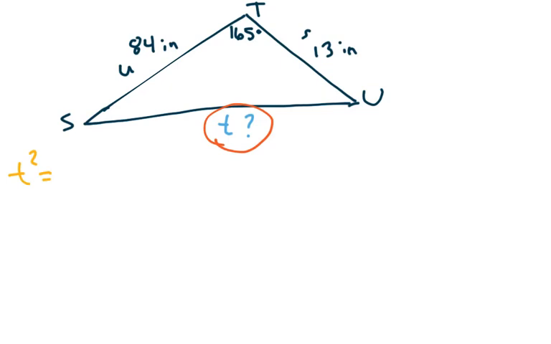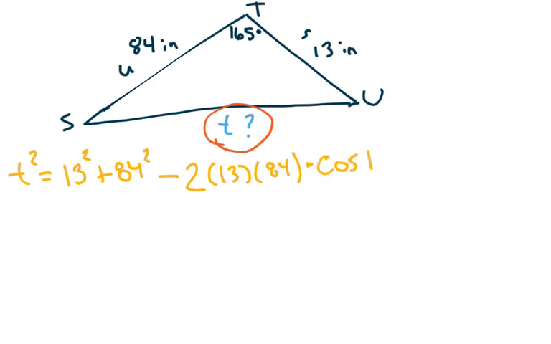So it's going to be s squared, which is 13 squared, added to the other side, which is 84 squared, minus 2 times those side lengths, so times 13 and times 84, and then times the cosine of the angle that we know. So that is 165 degrees.